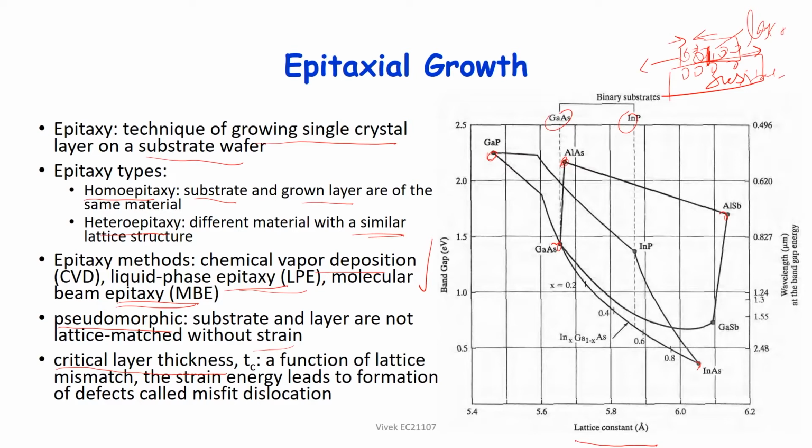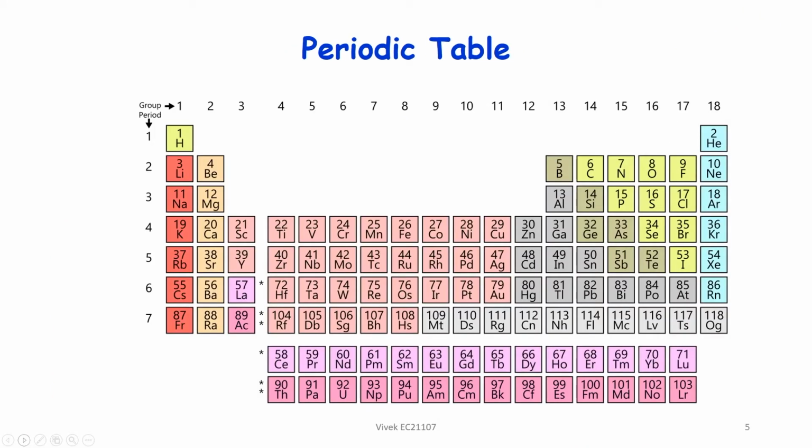Okay, so now we will go ahead and review the properties of semiconductors. The properties of a semiconductor depend on the constituent atoms, and usually semiconductors come from group 4.